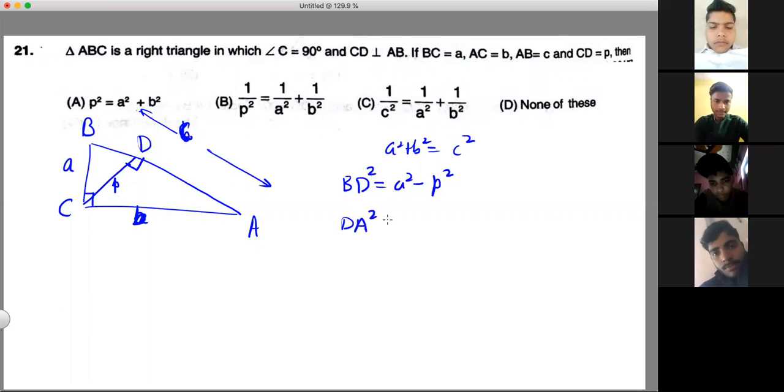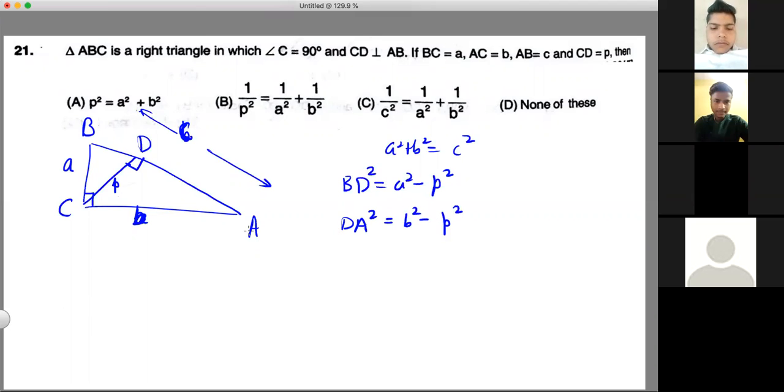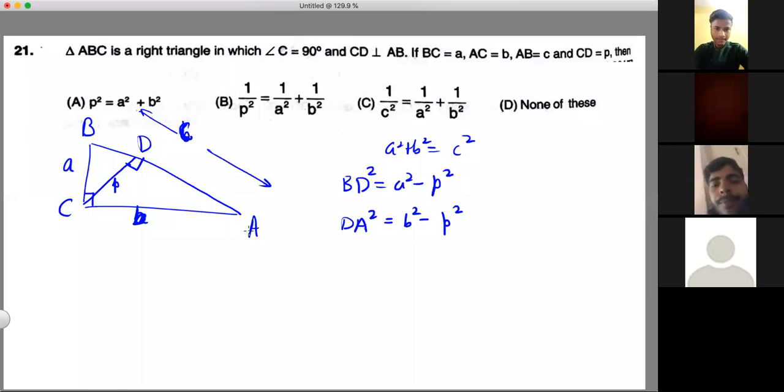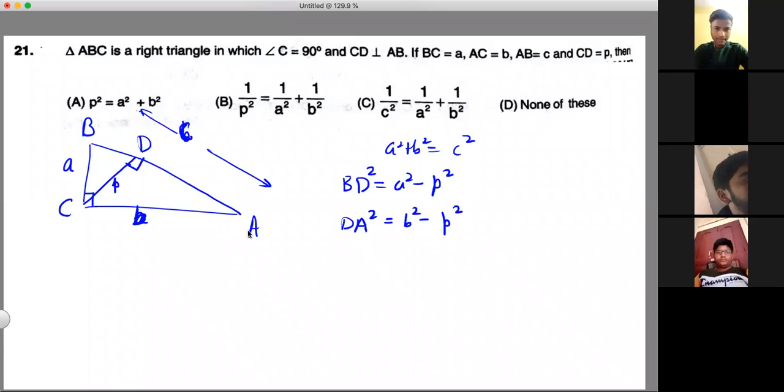And DA square is equal to b square minus p square. This is also what we know.